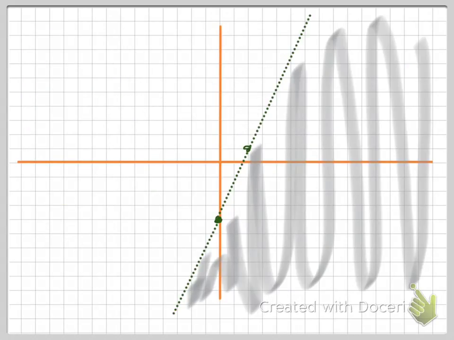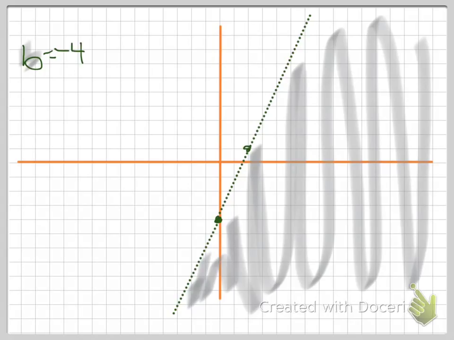Alright, so for this last example, I want you to be able to come up with the equation of the line, or I'm sorry, the inequality that would fit this graph. Well, let's identify a couple of things here. One, we have a y-intercept of negative 4.